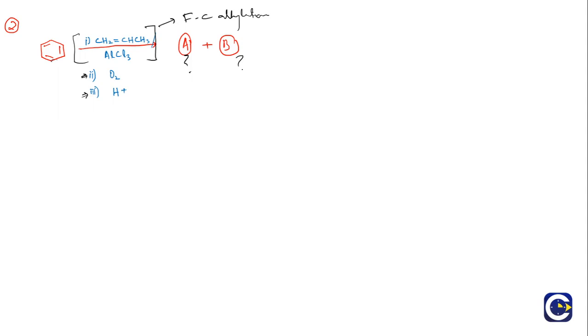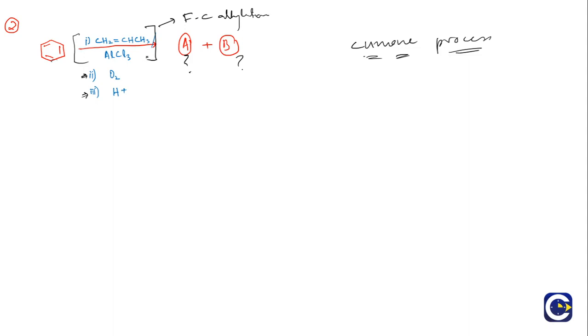Looking at this reaction, we can guess that this is the cumene process. This is the cumene process for the preparation of phenols. Okay, so in the cumene process, the cumene is oxidized, which on subsequent protonation gives us the phenol.